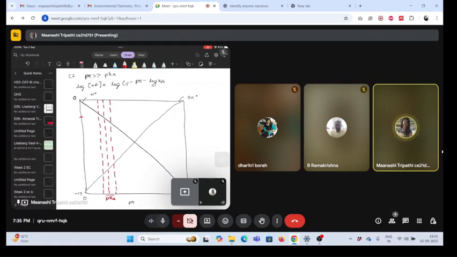We have already drawn H plus, we have already drawn OH minus, and now we are drawing the pKa and plus minus values. Now we can plot CT at some point, whatever the CT be. It can be 10 raised to power minus 5, 10 raised to power minus 4, anything. If it is minus 5, plot it here. If it is minus 4, plot minus 4 here.